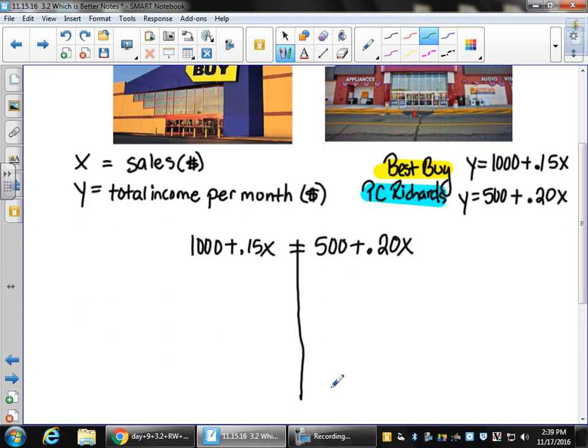Remember that ultimately our goal is to get x equals a number. So we want to gather all of our x terms to one side, numbers to the other. You have choices. Maybe you chose to subtract 1,000 from both sides first, or maybe you subtracted 0.20x from both sides. Either way, we should get the same answer. I choose to move the 1,000 first, so I subtract 1,000 from both sides.